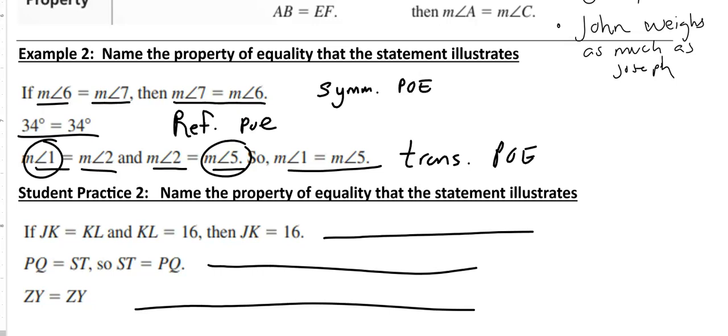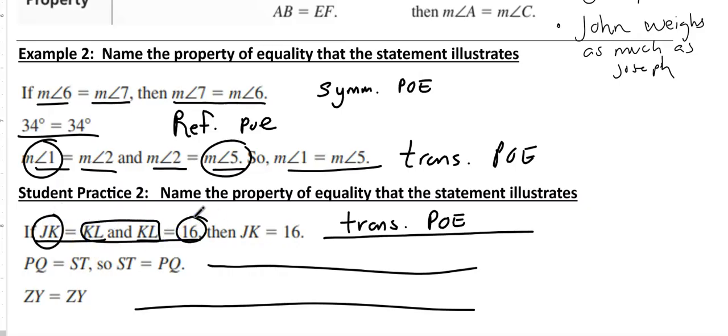William, what did you put for the first one? What property did you think that was? It is the transitive property. If JK is equal to KL and KL is equal to 16, since they're connected in the middle here, then the first and the last one also have to be connected.